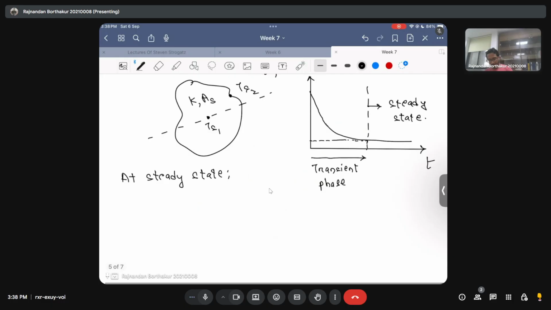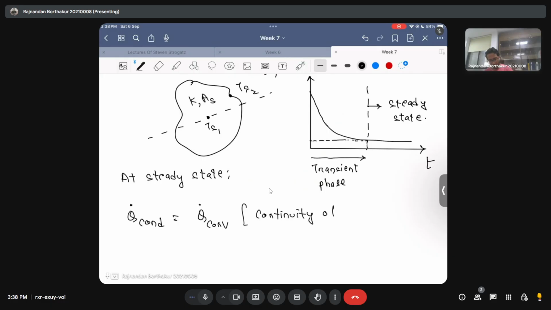you can say that the heat that is going out of the body by conduction has to be equal to your q dot convection, and that is the typical energy balance, or the continuity of fluxes we apply at the interface.